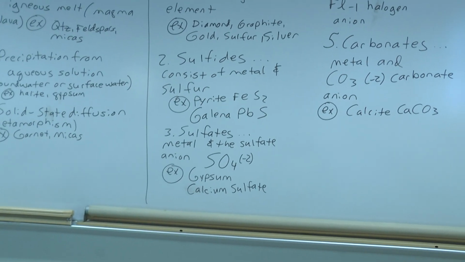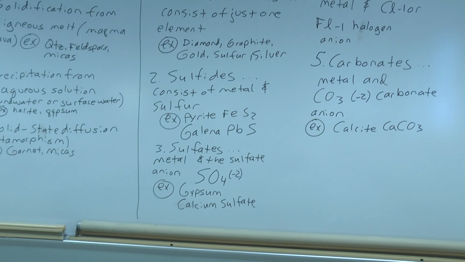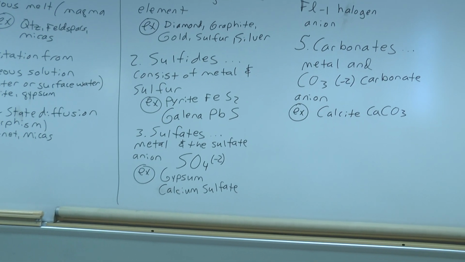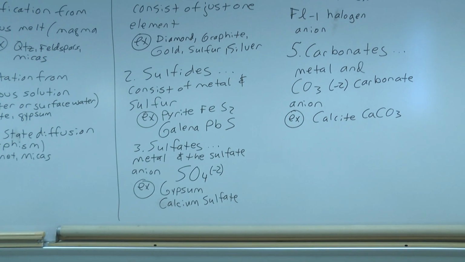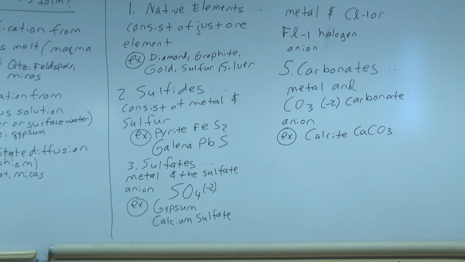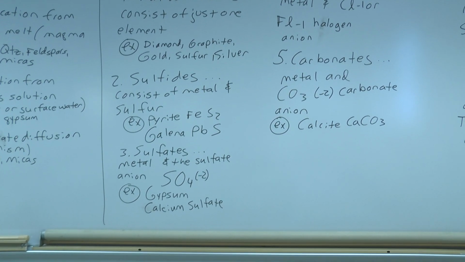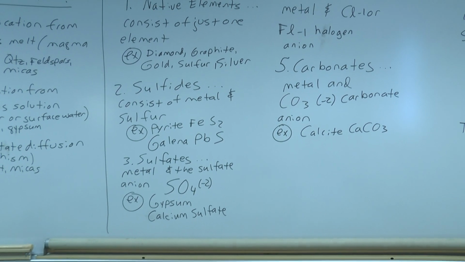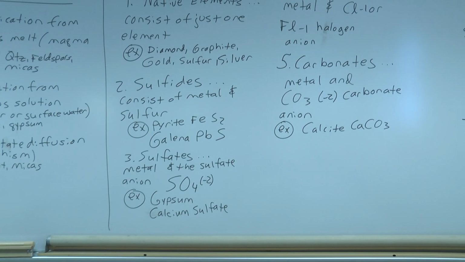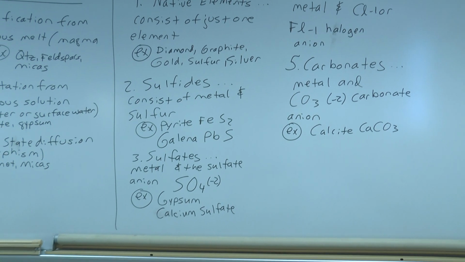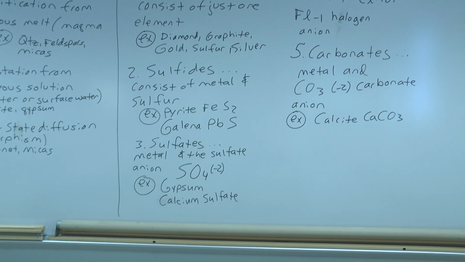Then we have the sulfates. Again, you have SULF in the name, so sulfur's in there somewhere. It's in the form of the sulfate anion, which is SO4 with a -2 charge. So in case of the sulfates, that sulfate anion bonds with a metal to give you sulfate minerals.